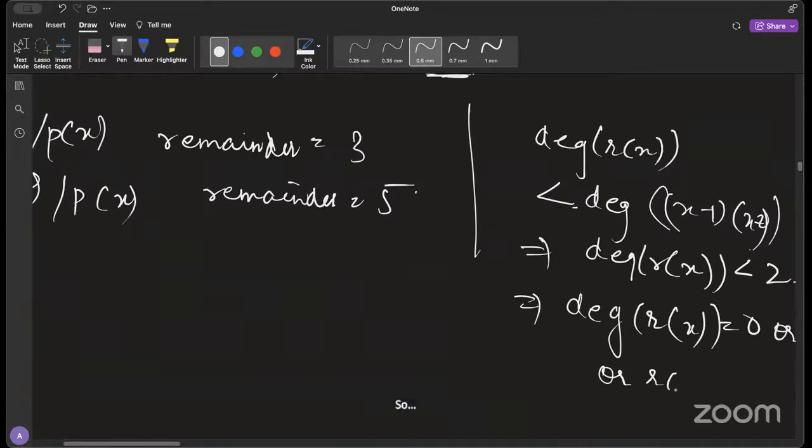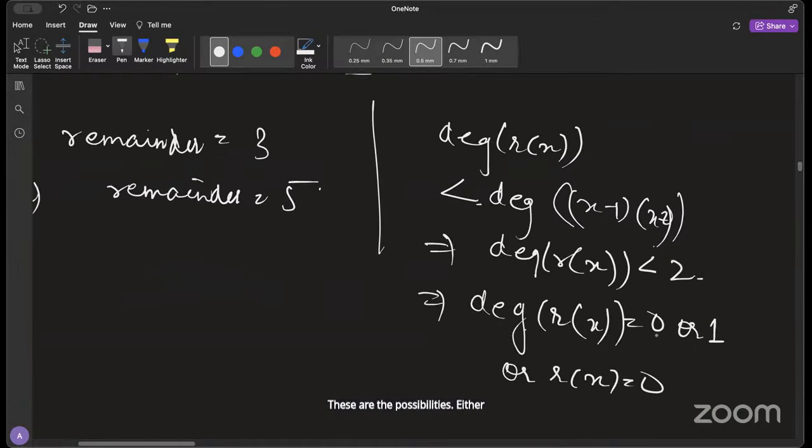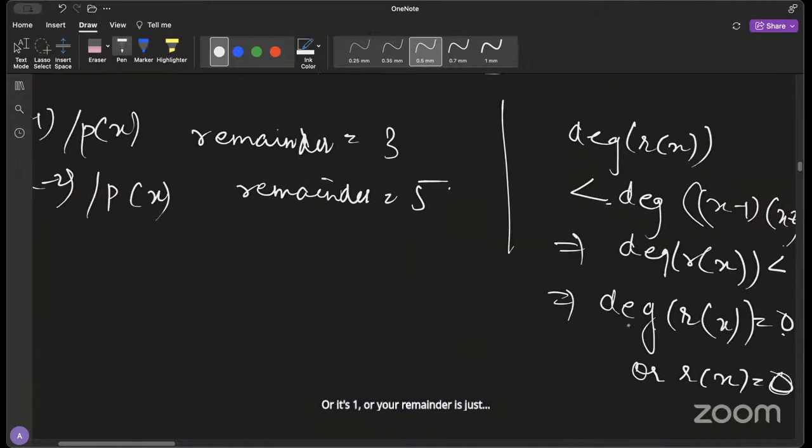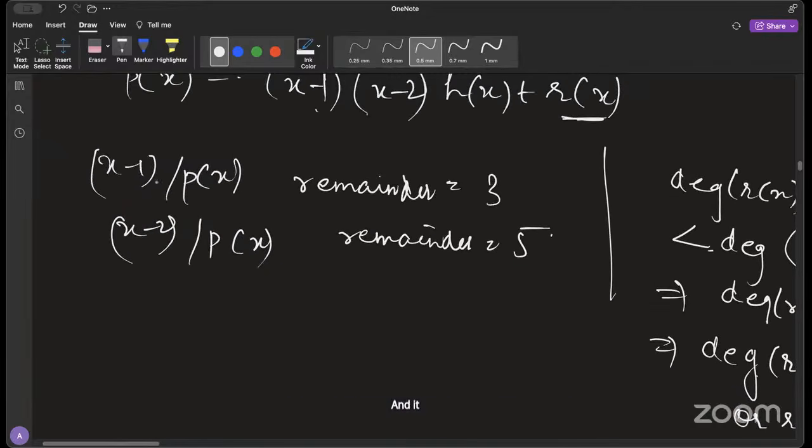These are the possibilities. Either the degree of r(x) is 0, or it's 1, or your remainder is just 0. These are the three possibilities that we have for now. And it's given that when we divide this by x minus 1, the remainder is 3.